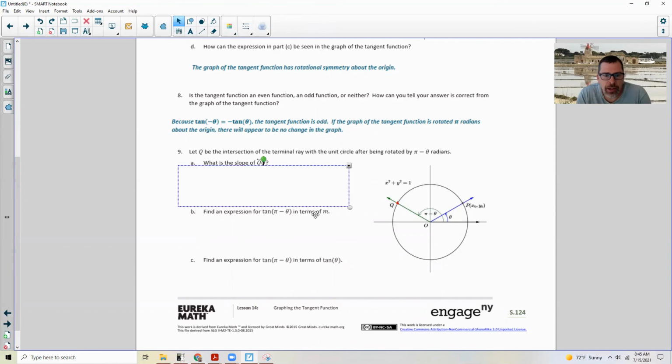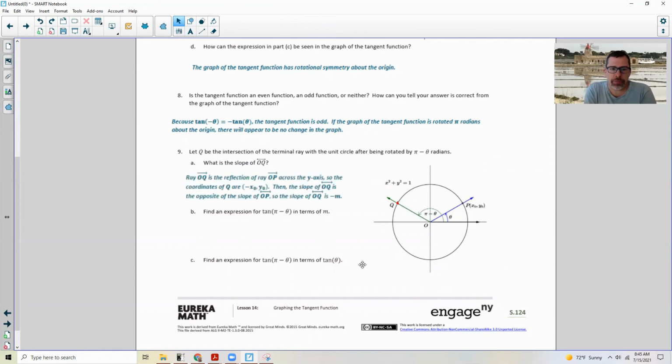So the only thing that changed would be the sign. So I hope you know what's coming. Ray OQ is a reflection of ray OP across the y-axis. So the coordinates of Q are negative x naught comma y naught. So therefore the slope of line OQ is the opposite of the slope of line OP. So the slope of line OQ is negative m.